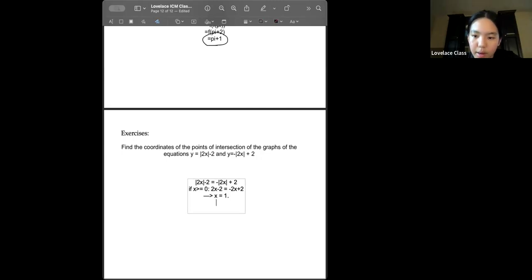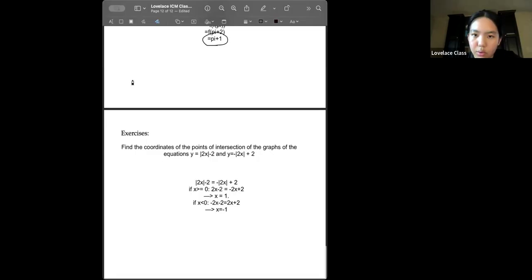If x is less than 0, then we have negative 2x minus 2 is equal to 2x plus 2. This gives us x is equal to negative 1. This is also consistent because x equals negative 1 is less than 0.